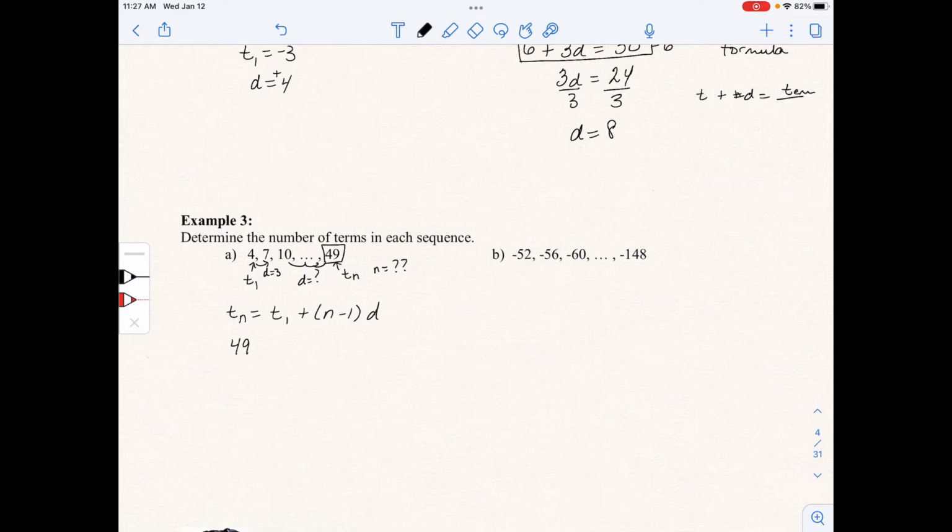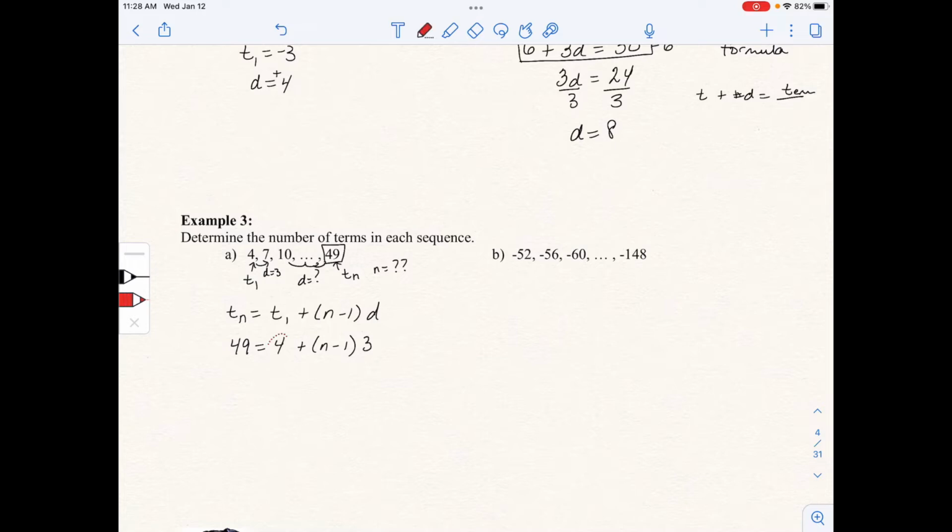We know that 49 is equal to the last term, some term. 4 is our first term. We don't know what that term number is, but we know our common difference here is 3. Now what to do with this algebra here? There's a couple things we can do.